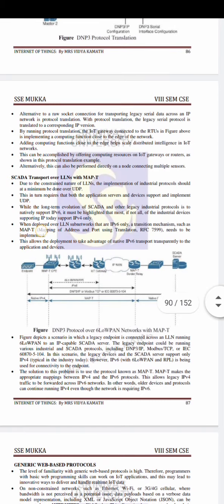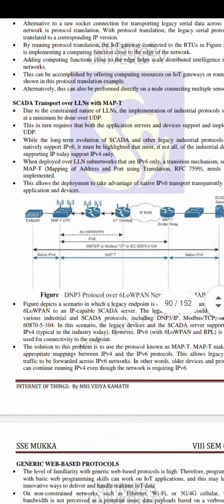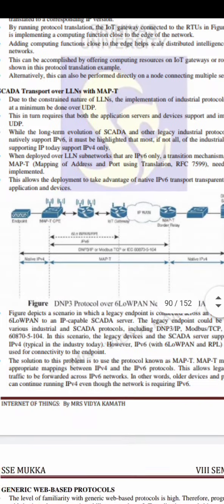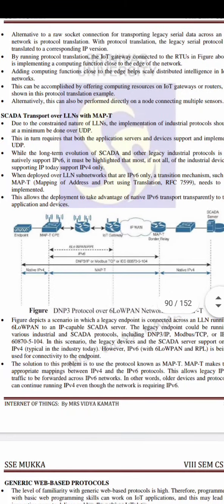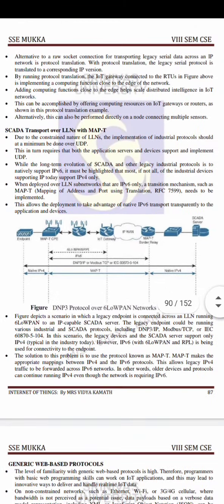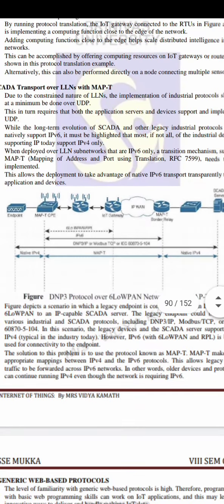Next we will see the case where you are using low power lossy networks, that is, where you will have an adaptation layer in between like 6-LoWPAN. Over these networks, it is required that at every point you access UDP, and to do this you will use a protocol called MAPD.